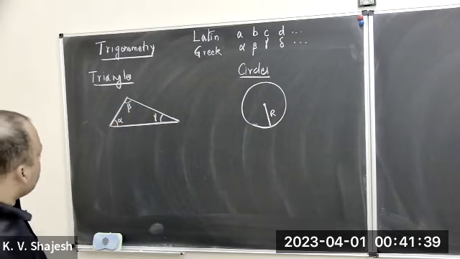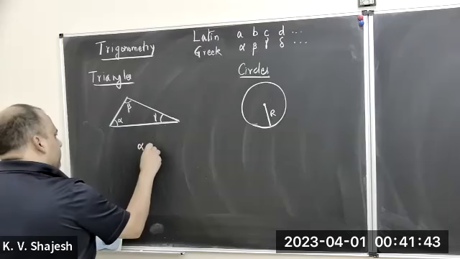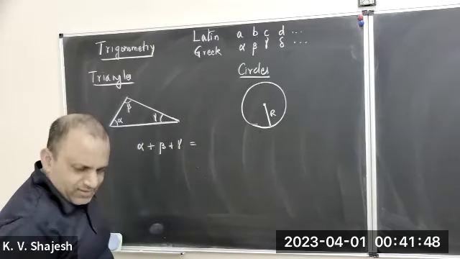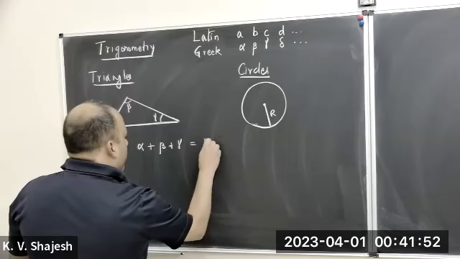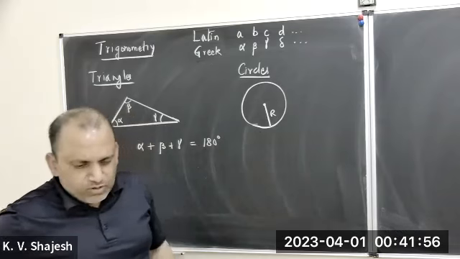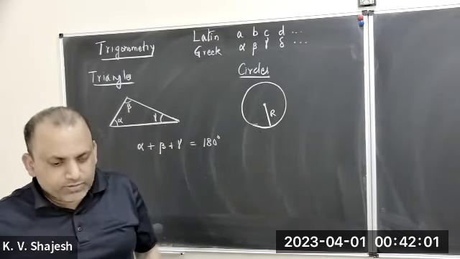Anyway, what we want to use is the fact that for any triangle, the three angles add up to 180 degrees. So these are the two basic things we want to use, and everything else has to come out of this.